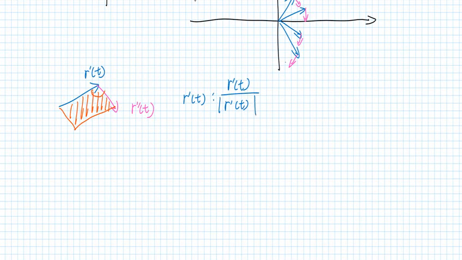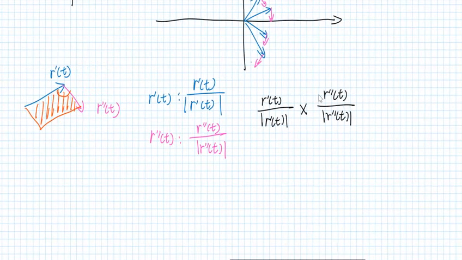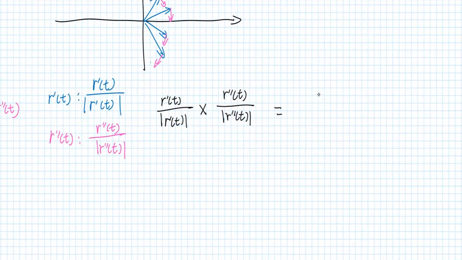And the unit vector of r''(t) is this one. And we take the cross product of them. So finally, we get this one.